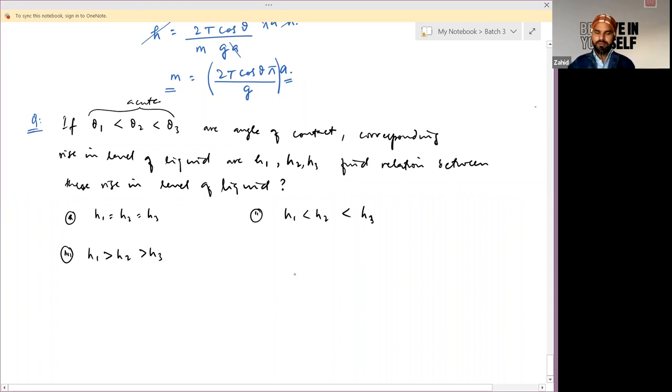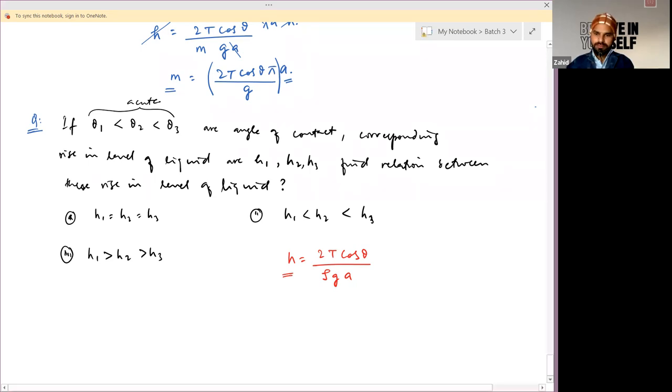As we have the formula, H equals 2T cos theta divided by rho g r. So H is directly proportional to cos theta.